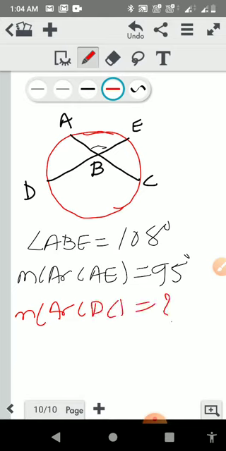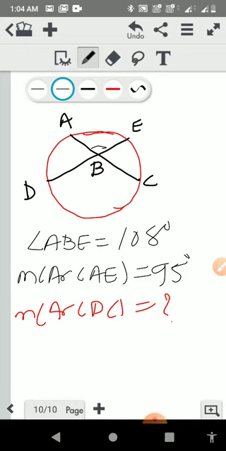Now see, in this diagram two chords AC and DE intersect at point B. This is the intersecting point of both chords. This angle is 108, and arc AE is given as 95.